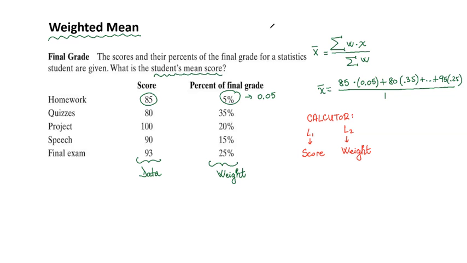And then when you get back to one variable stats, don't forget to do L1, comma, L2, or just enter L1 under the first list and L2 under the second list. If you do that correctly, your answer will actually be x bar equals 89. So the grade for the student will actually be a B. And this concludes today's video.